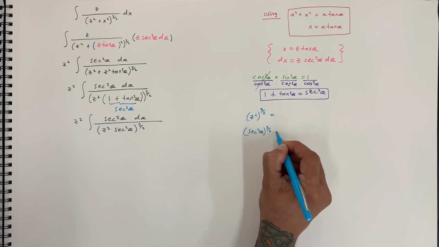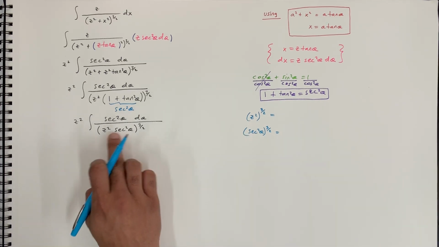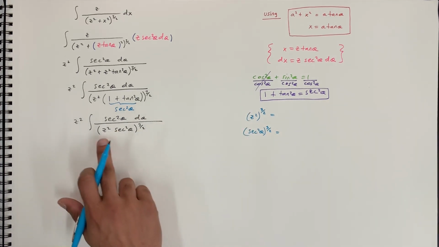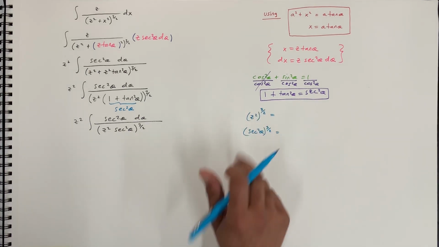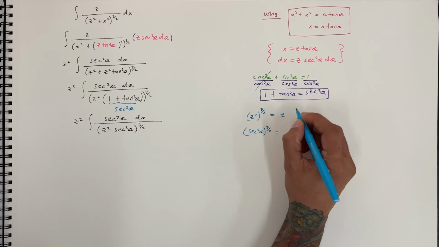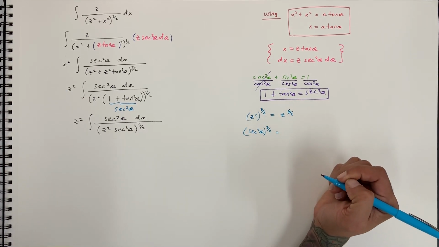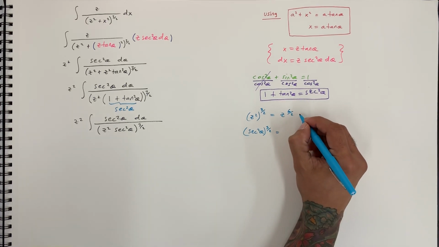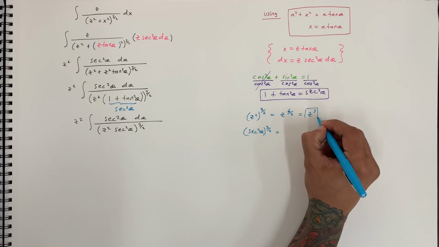I'm going to solve them separately here, but the answer is going to be combined. I just want to show separately how we deal with them and simplify them. So z squared raised to the 3/2 is the same thing as z to the 2 times 3, which is 6 over 2, and then we're going to have z raised to the 3.